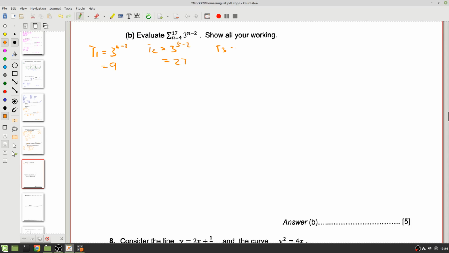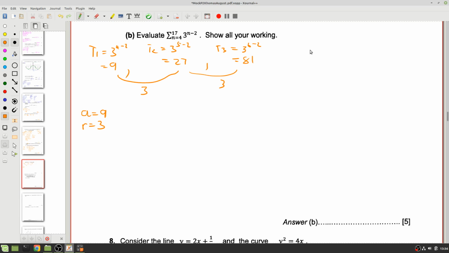For term 3, we have 3 to the power 6 minus 2, which is 3 to the power 4, and that's 81. So these are our first three terms. We can see we've got a common ratio, we're multiplying by 3 each time. So now we have all the information we need: a equals 9, the first term, and the common ratio r equals 3. Perfect. Now we need to find the sum.